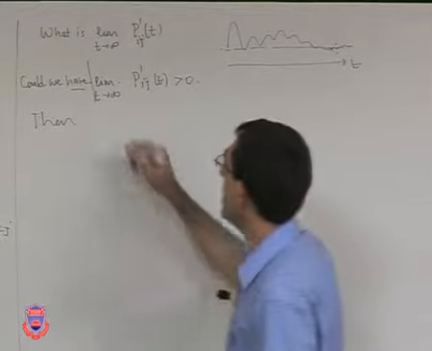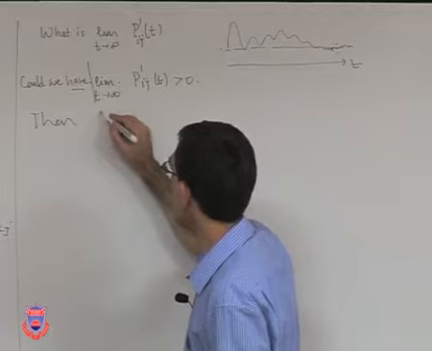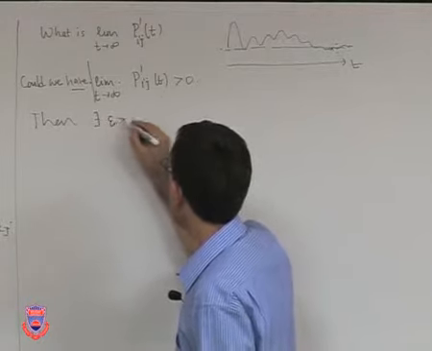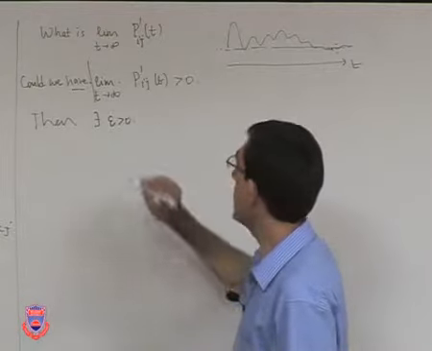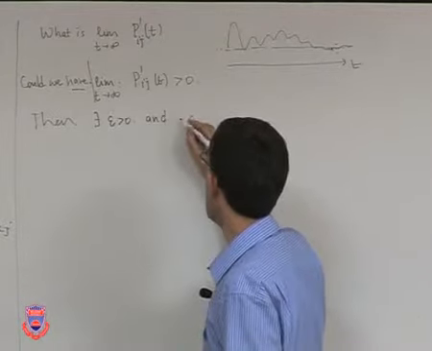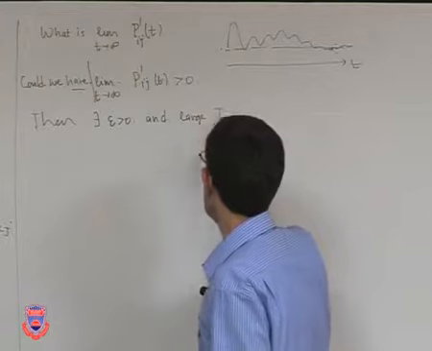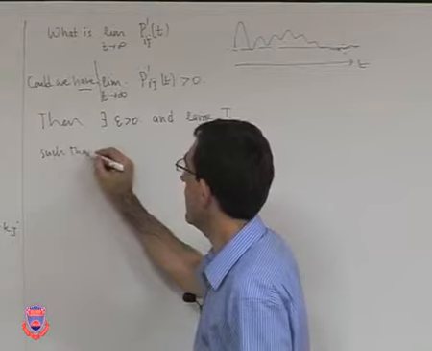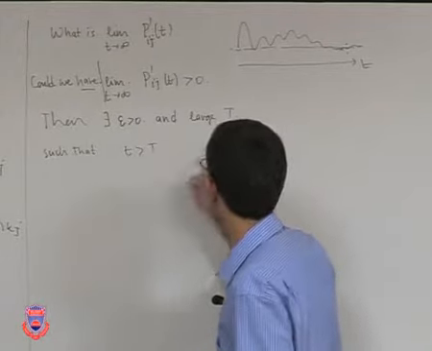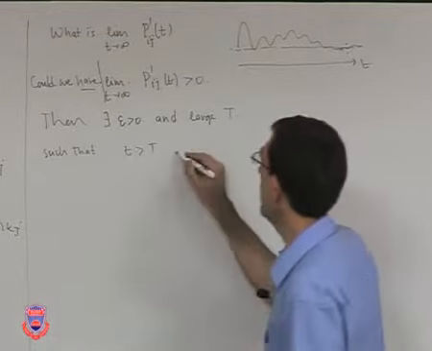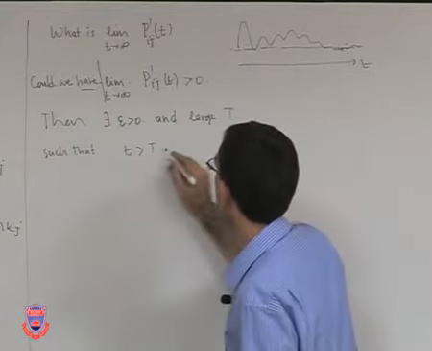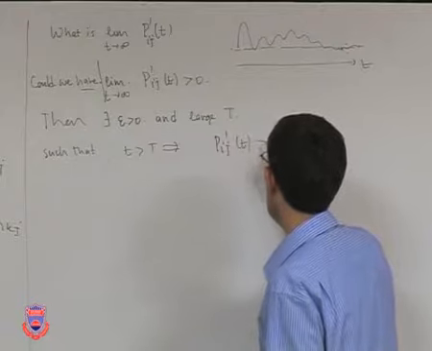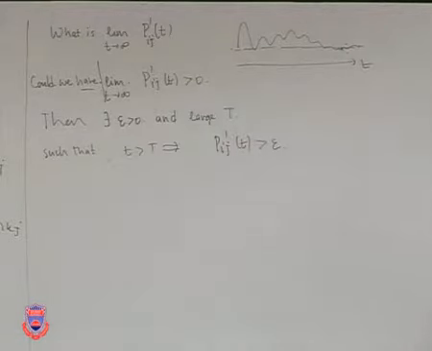That basically says that there is some positive epsilon, no matter how small, and some large, fixed number T, such that for every t greater than this, if t is large enough, then the value of this function is going to be away from 0. So it is going to be bigger than epsilon.